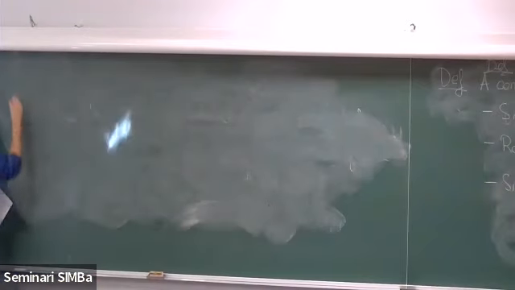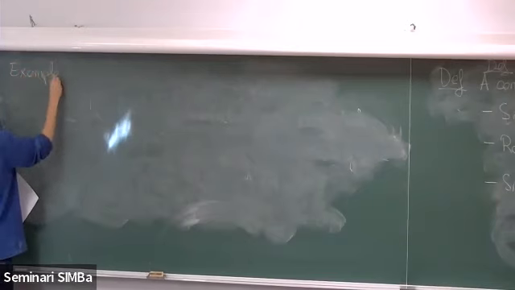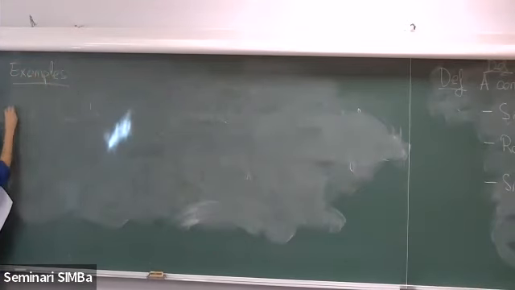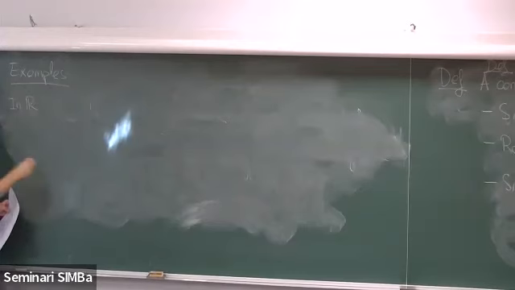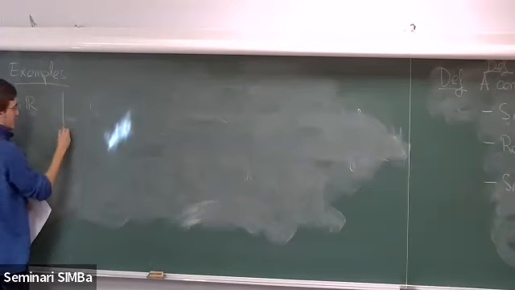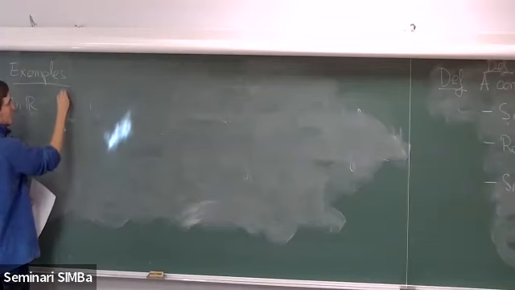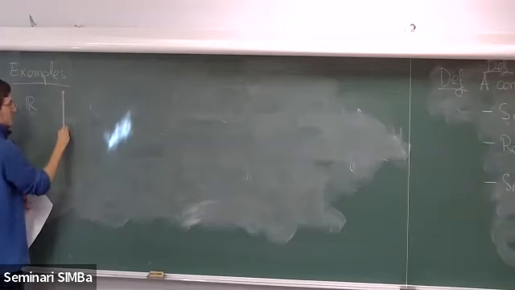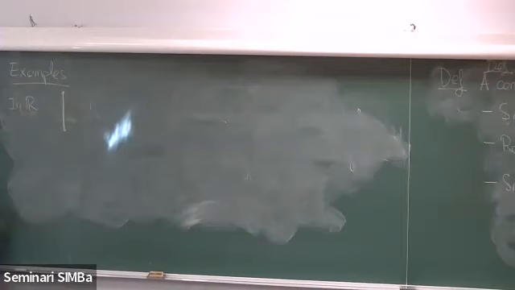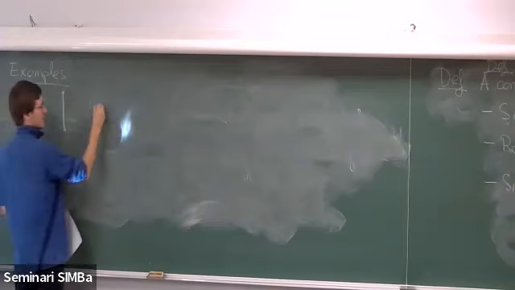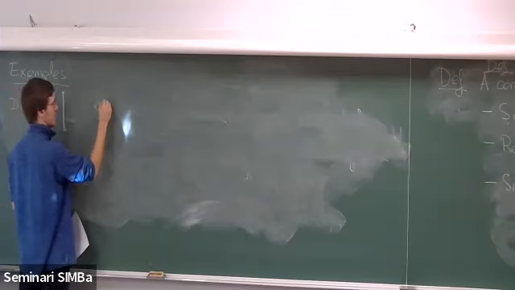So for instance, examples. We already saw one, in R, the line. This is the polytope which satisfies all the conditions, and the original manifold behind it is S2 with the action of rotation.